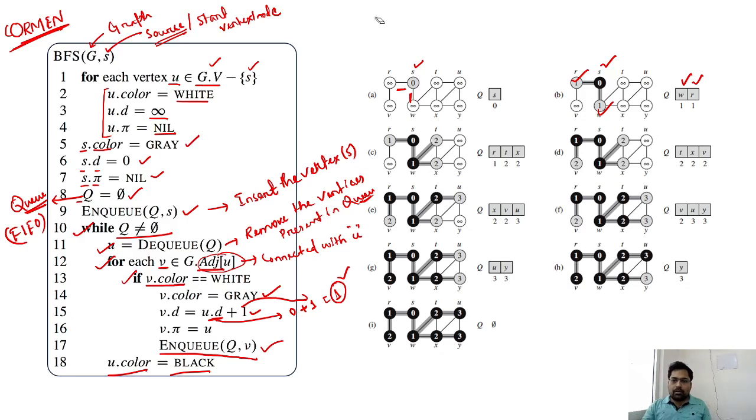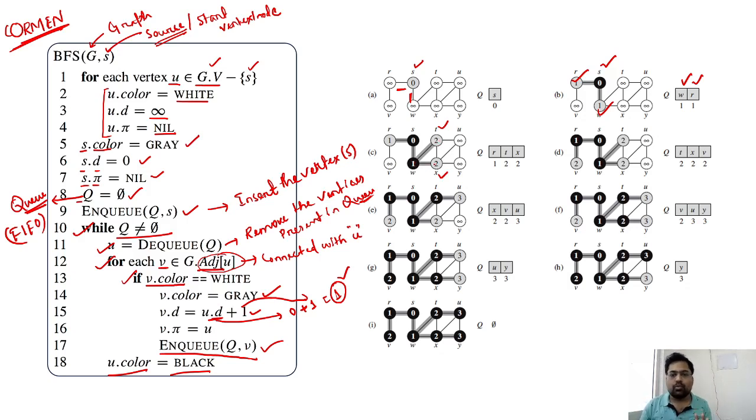Okay. So in this way, once we have inserted, you can check simultaneously, once W is deleted, the vertices related to W are T and X. We first color them gray, then the distance will be the previous distance plus 1. Previous distance is 1, so 1 plus 1 is 2.